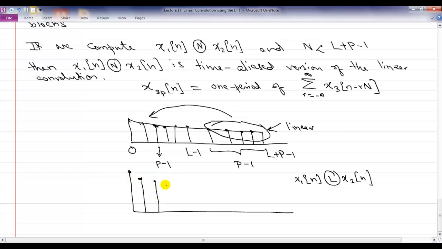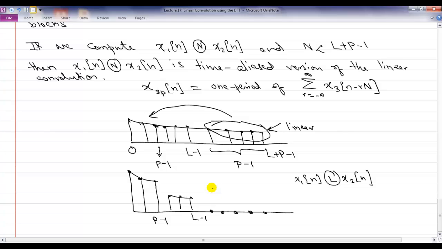This is due to aliasing. But after those P minus 1 samples are gone, the remaining samples are going to be uncorrupted. So this is L minus 1, this is P minus 1. And of course, my circular convolution output is always of length L, so I have only zeros after that.